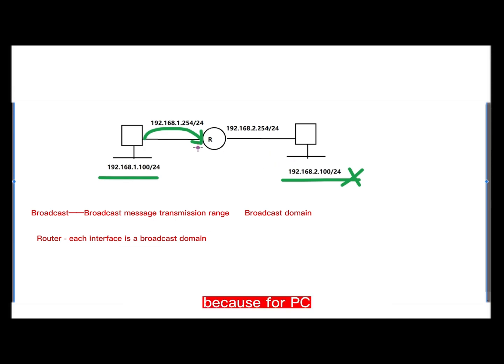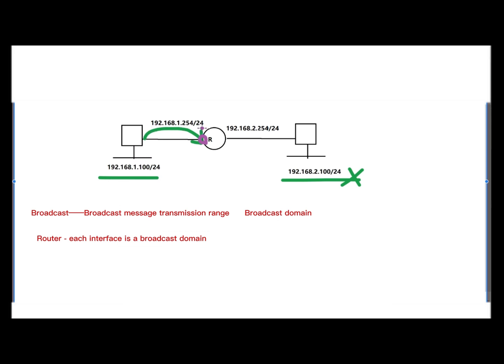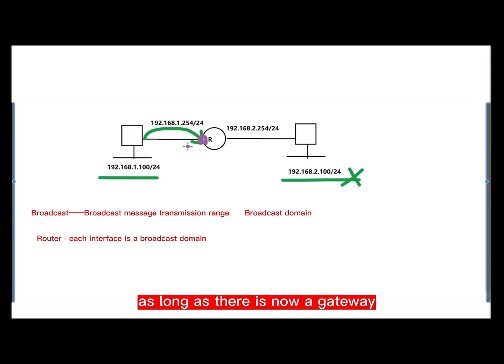Because for PC access across network segments, it will go to the gateway. This is its gateway. Since the PC now knows it is not in the same network segment as the peer device, as long as a gateway is configured on the PC.